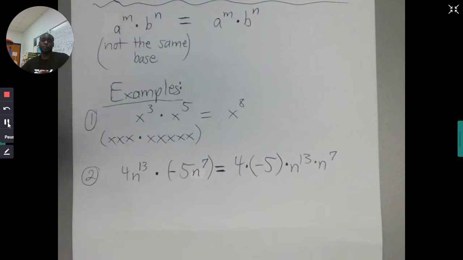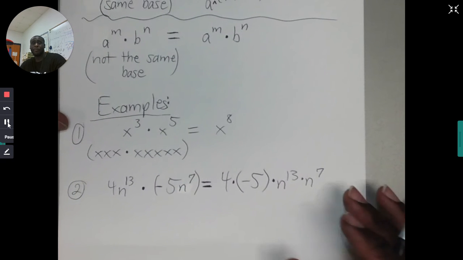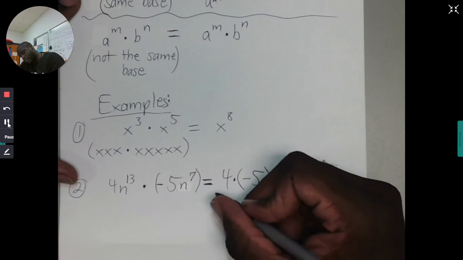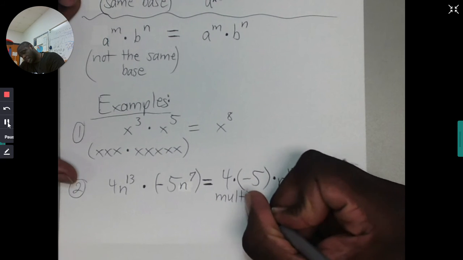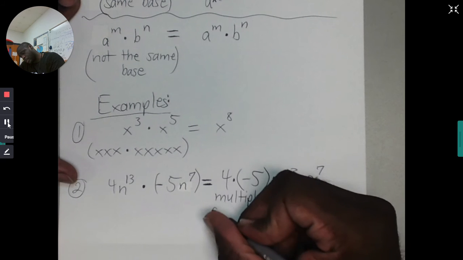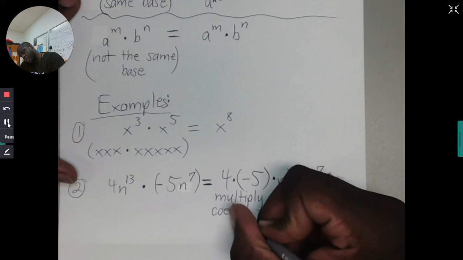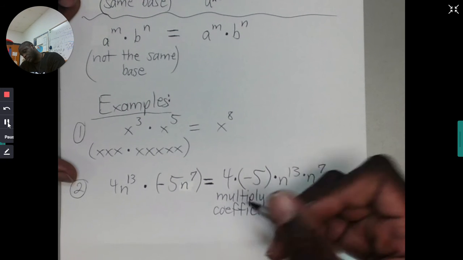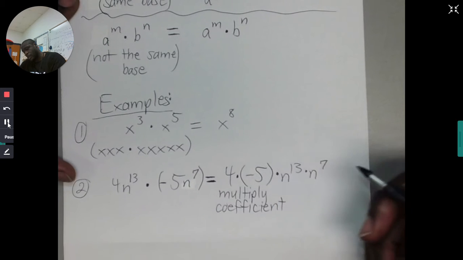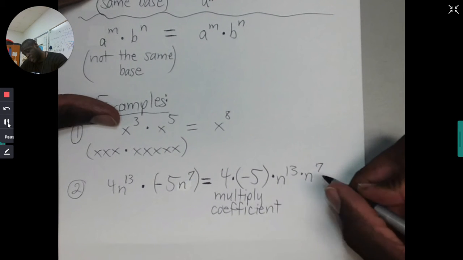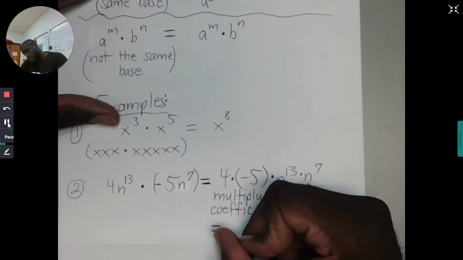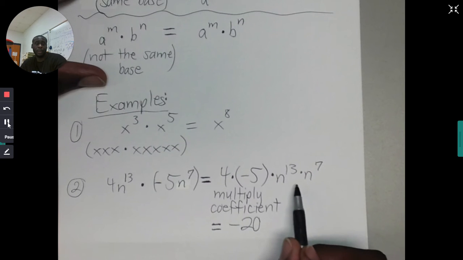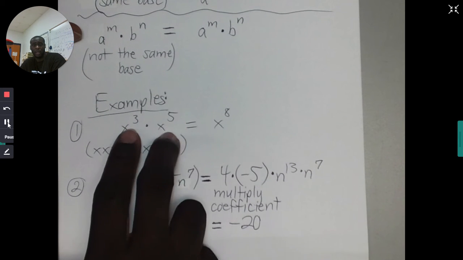So with something like this, again, what you'd want to make sure you do is multiply your coefficients to make a new coefficient. Okay. So again, your coefficient here is 4 times -5, which is -20. And then with the variables, you're going to do the same thing like what we did here.